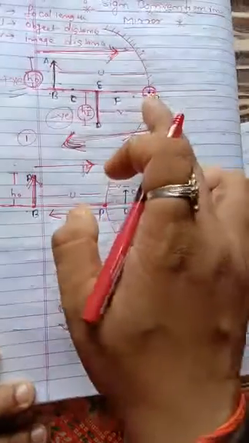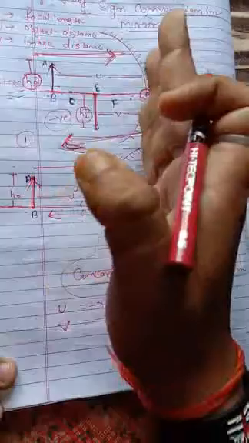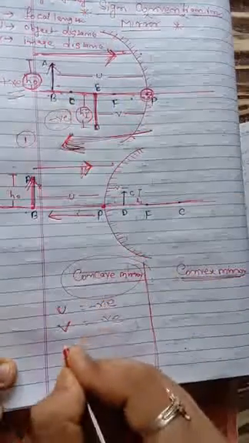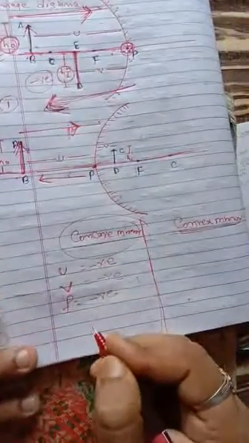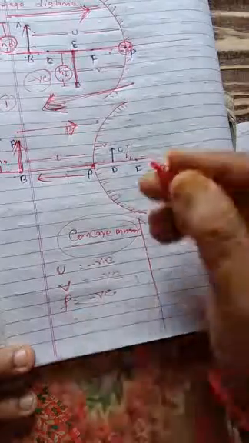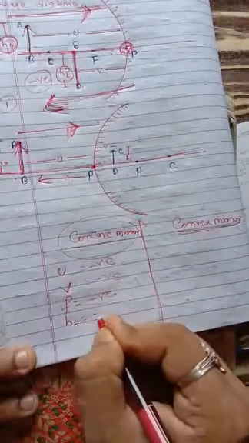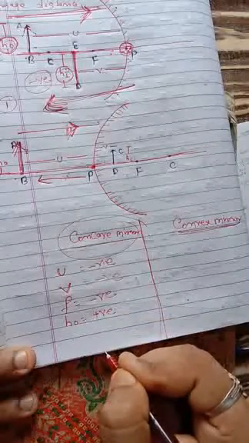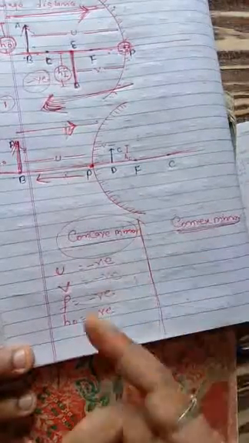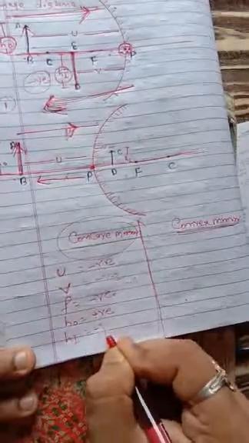So in the case of the concave mirror, the image is formed in front of the mirror, so the focal length is also negative. Since the object is placed above the principal axis, the height of the object is taken as positive. Since the concave mirror always forms a real image, the image is formed below the principal axis, so the height of the image is taken as negative.